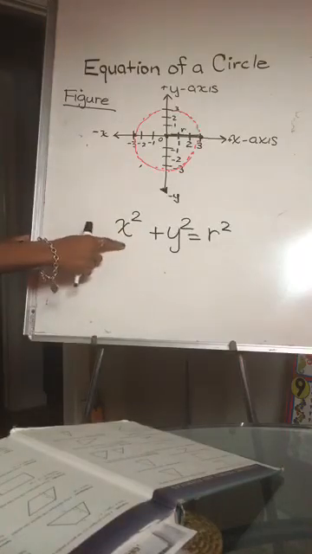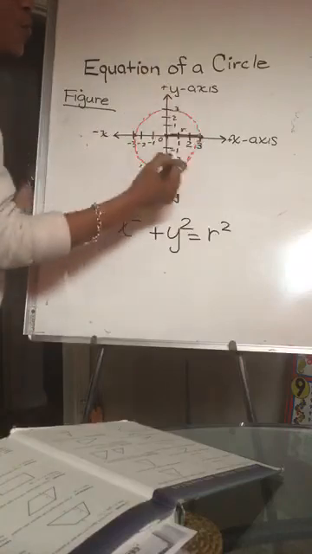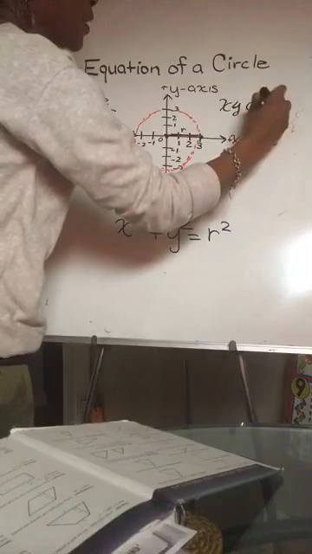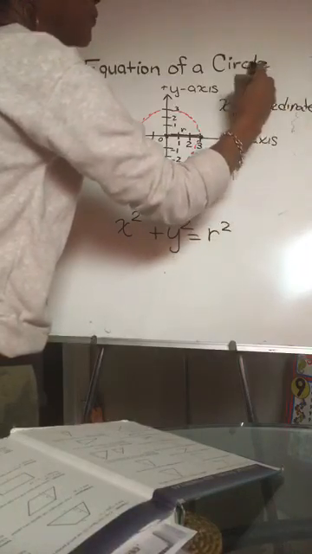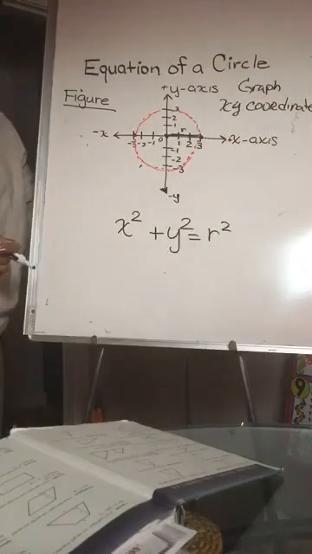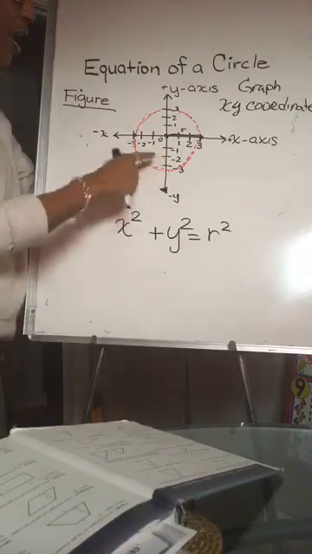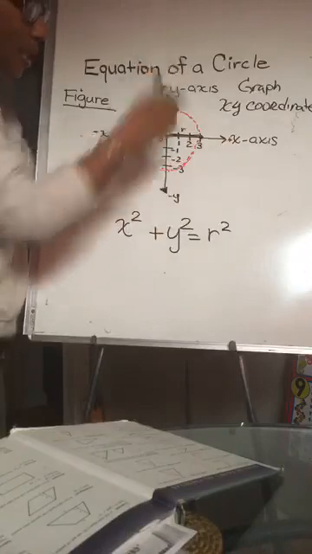Now, we don't know our x and our y, but because we are on the x and y coordinate plane, we can call it our graph, or Cartesian plane. Here's our x-axis, and we have our y.